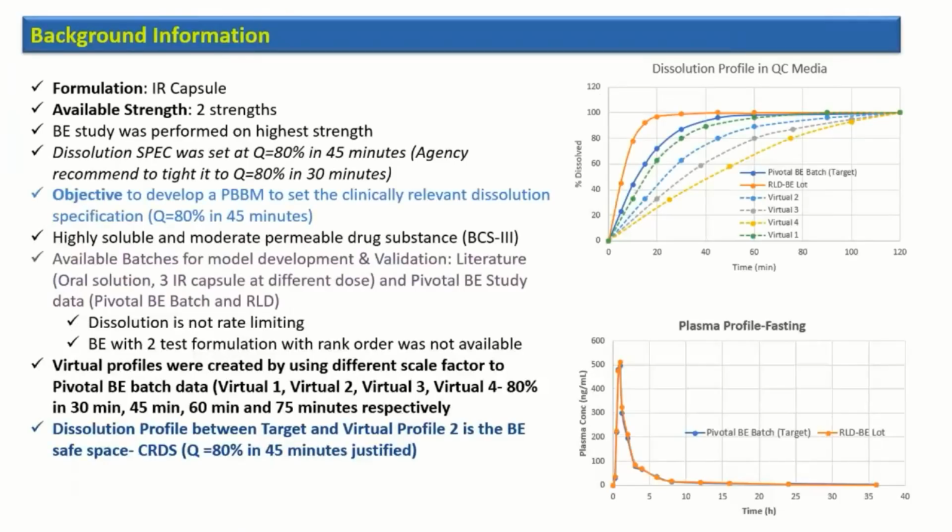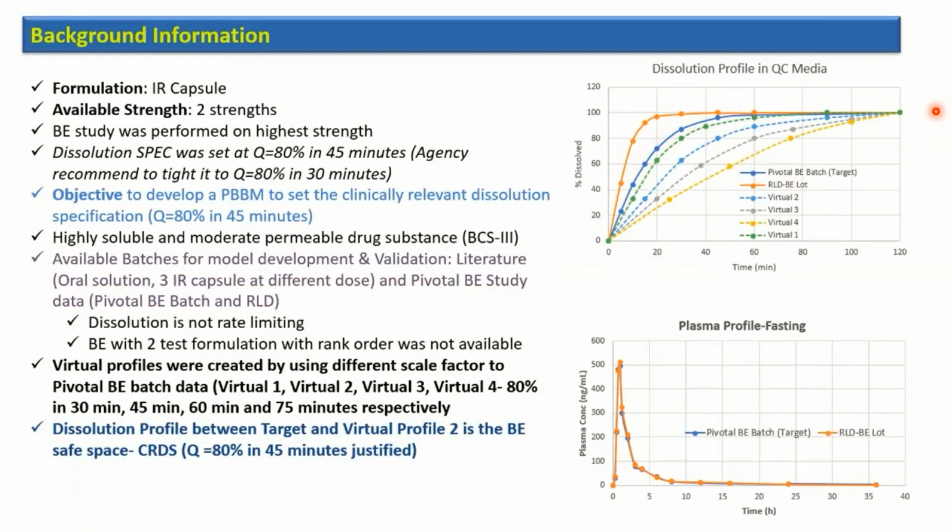The next case study is an example of utilizing the safe space to set clinically relevant dissolution specifications. This is an example of immediate release capsules, again with two strengths. This is the dissolution data of the innovator formulation, and this is the dissolution data of the pivotal biobatch.